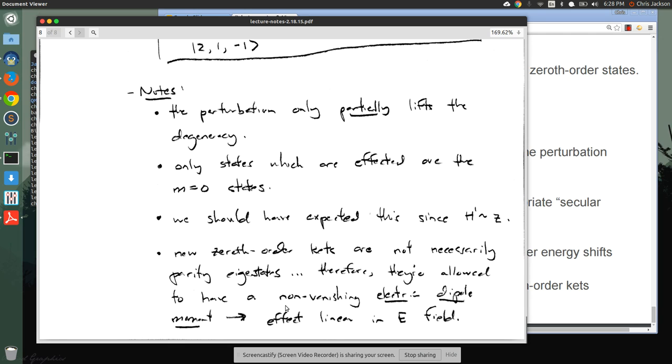Right? And that's an important physical effect, right? Of the hydrogen atom and of other atoms and other fundamental type particles. And so that's what gives rise to this linear effect from the electric field.